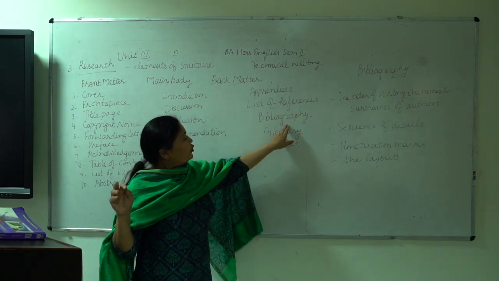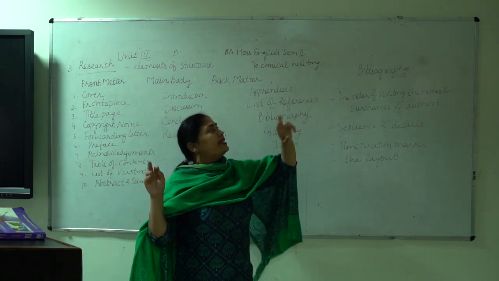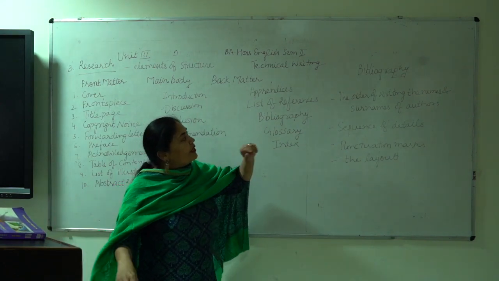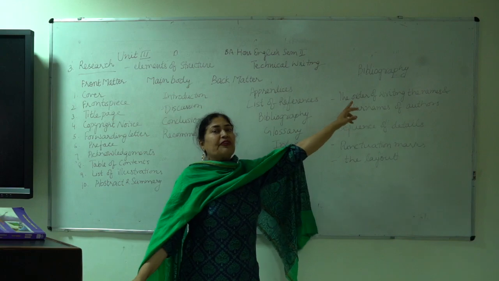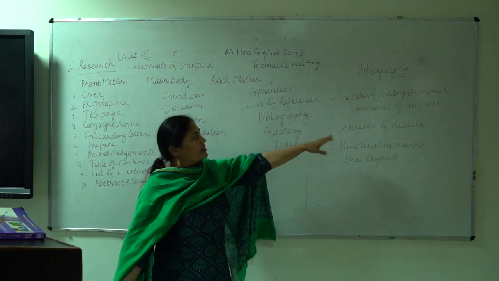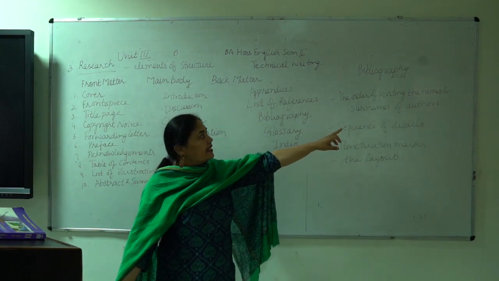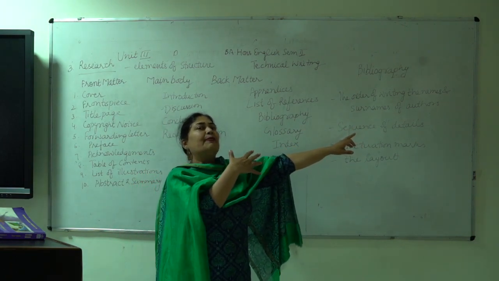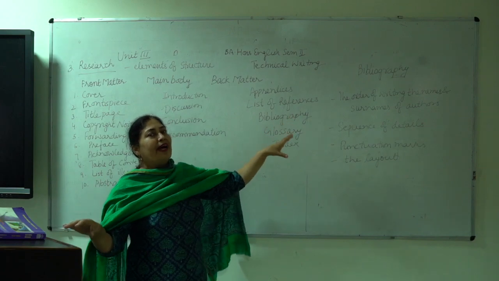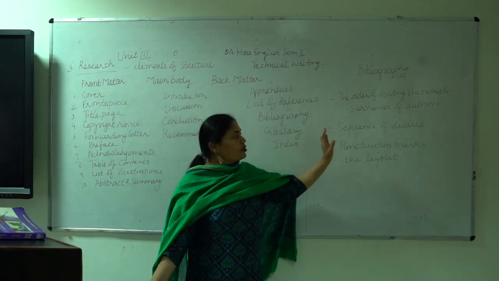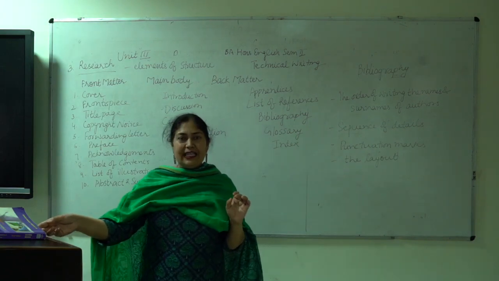And I want to make clear what a bibliography is, and what is the difference between bibliography and reference. So bibliography is the order of writing the names and surnames of authors. Whenever you write a bibliography, you have to keep in mind the following points: the sequence of details, the punctuation marks and the layout.